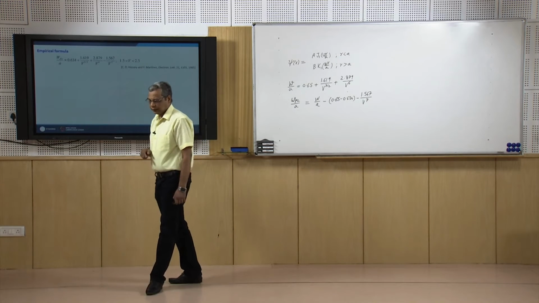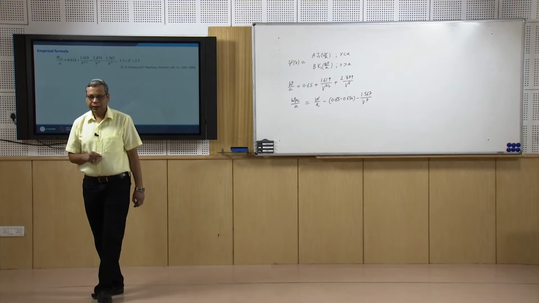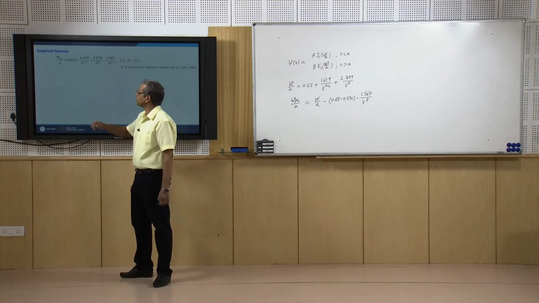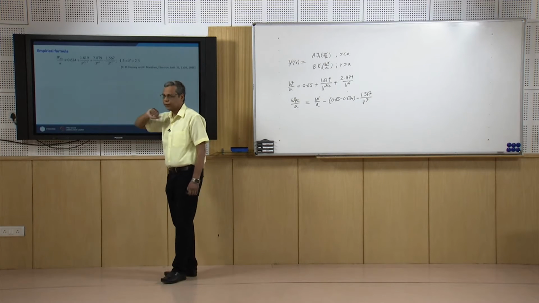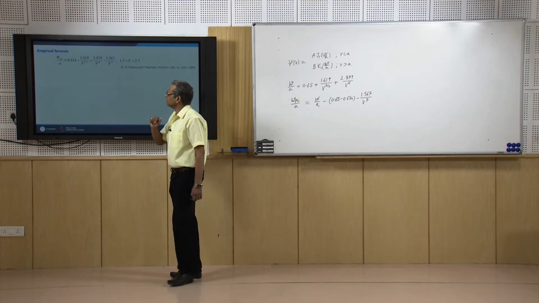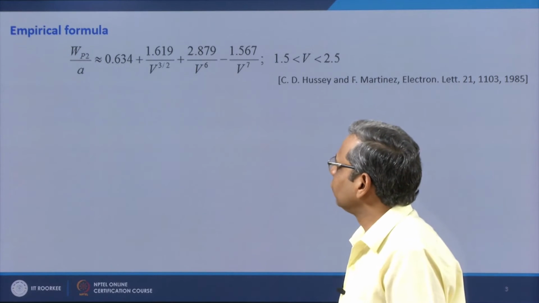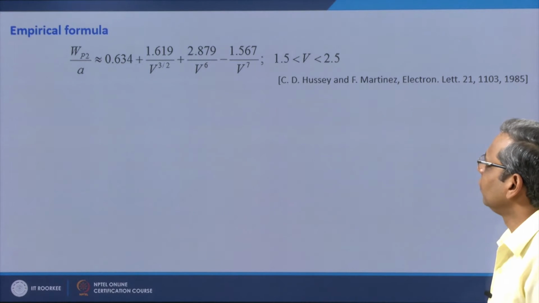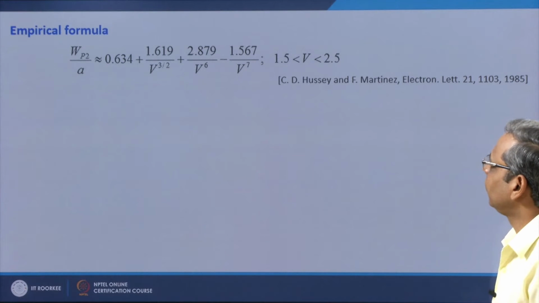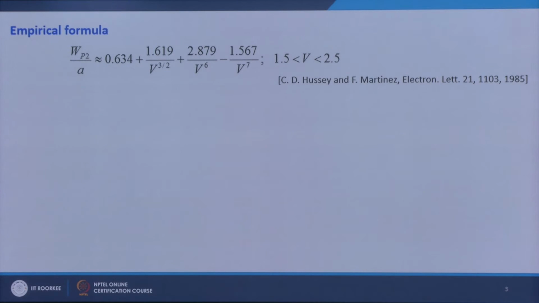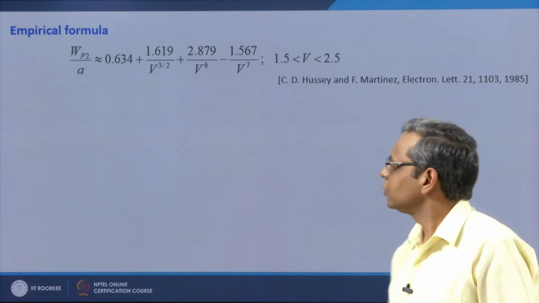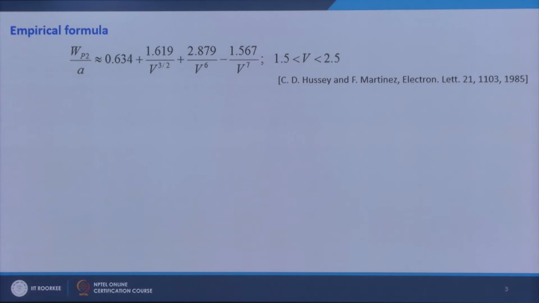As we had done in the case of Gaussian, we can also define an empirical relation between the Petermann 2 spot size Wp2 and the normalized frequency V, and it is given as Wp2 over a is approximately equal to 0.634 plus 1.619 over V to the power 3 by 2 plus 2.879 over V to the power 6 minus 1.567 over V to the power 7, and this is quite accurate in the range of V from 1.5 to 2.5.